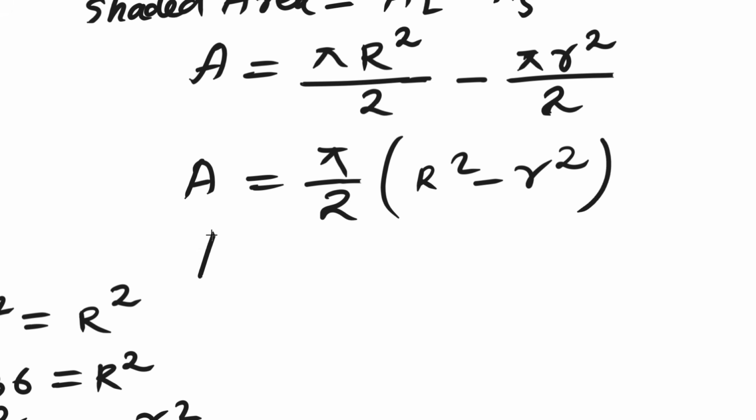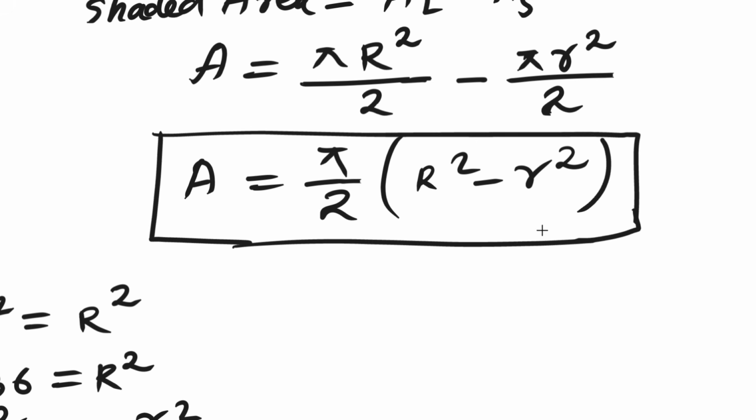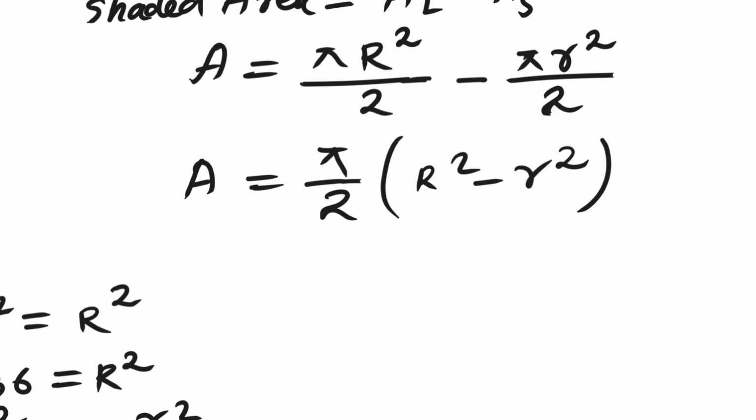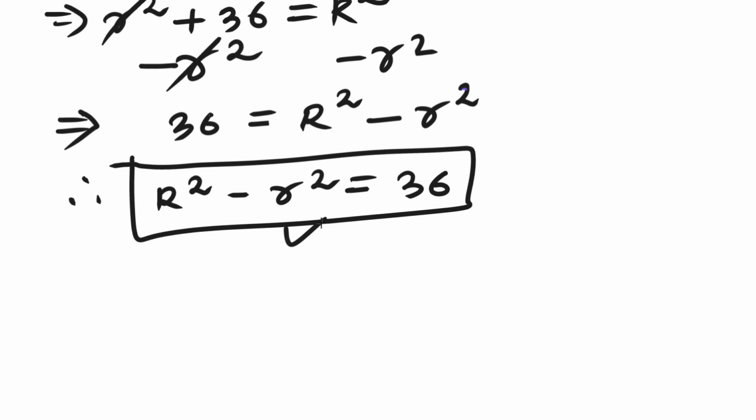Now let's go back to our shaded area formula. We previously found that the shaded area equals pi divided by 2, multiplied by the quantity uppercase R squared minus lowercase r squared. From our Pythagorean theorem calculation, we now know that uppercase R squared minus lowercase r squared equals 36.